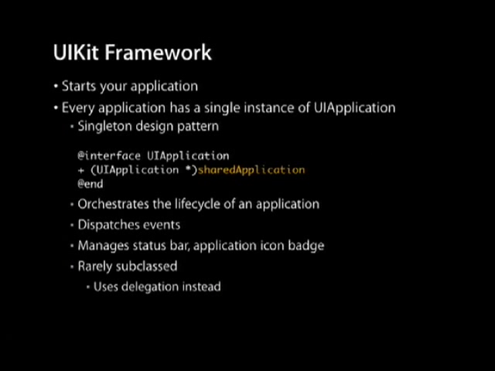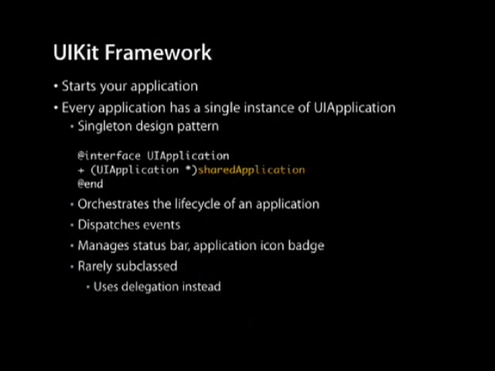We use it all throughout the Mac, all throughout the phone, so very useful. So UIKit, as far as the application lifecycle goes, UIKit starts you up. When a user clicks on the icon in the iPhone's launch screen, it starts your application, and then it creates an instance of UIApplication. Every application has one single instance of UIApplication. It's called a singleton. The design pattern is called a singleton.